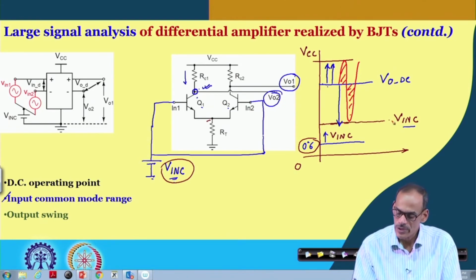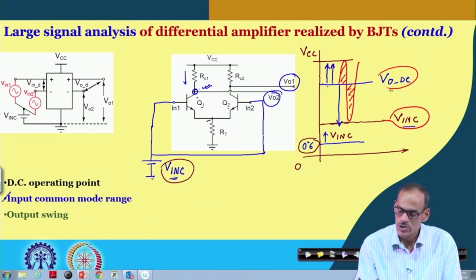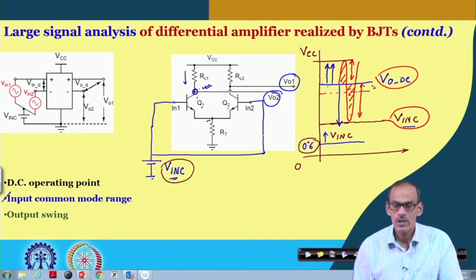Now, for a given input DC voltage, we want this DC voltage to be towards the middle of it, so that the positive swing of the output signal and the negative swing of the output signal are equal.